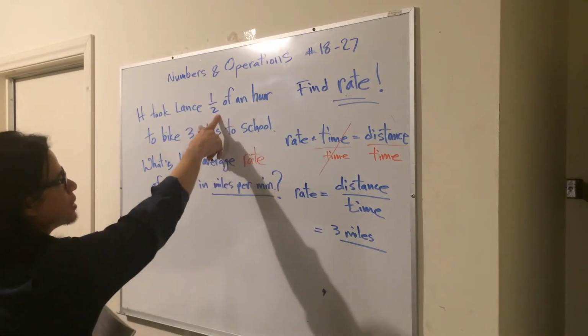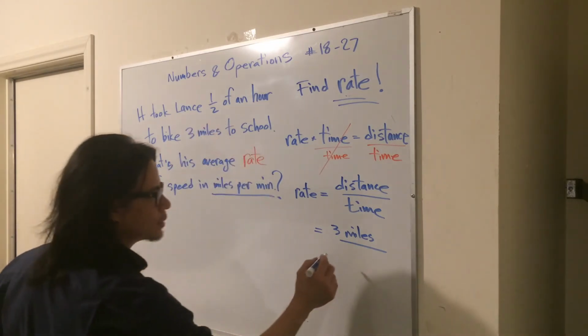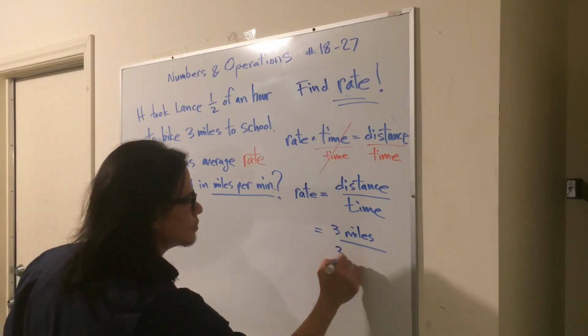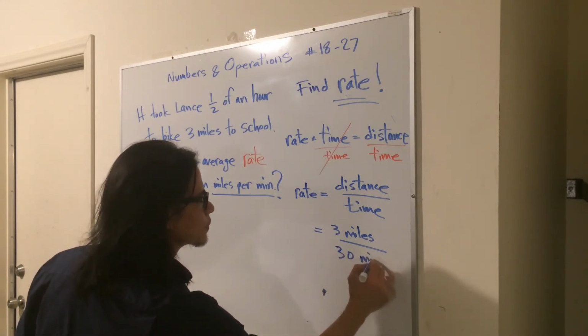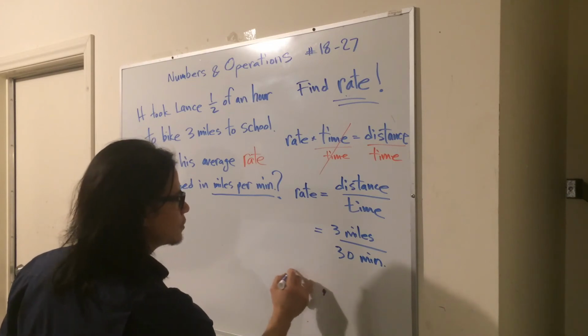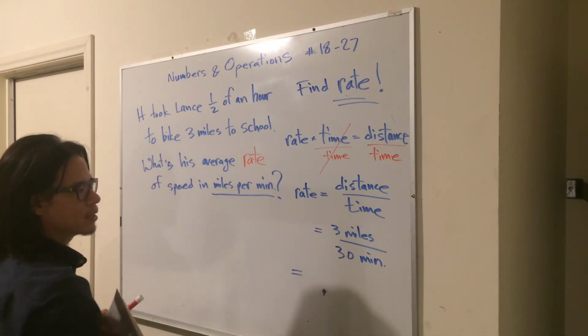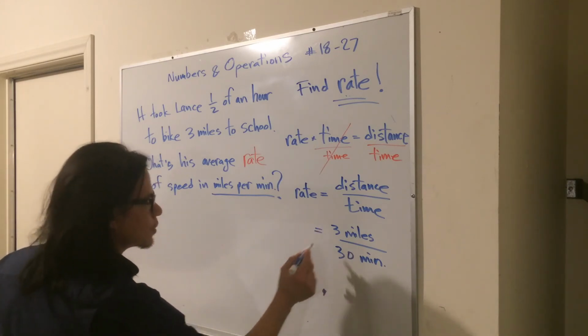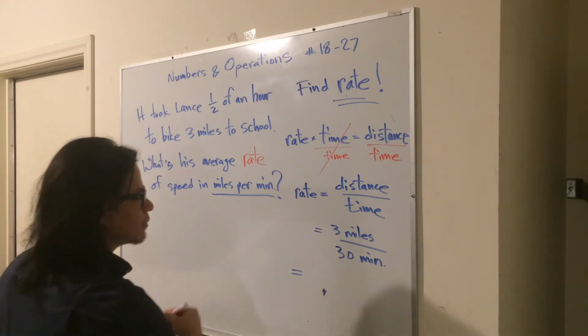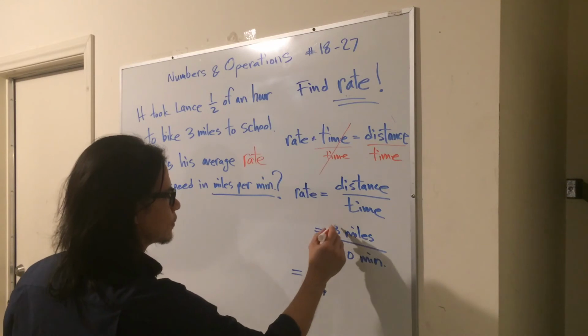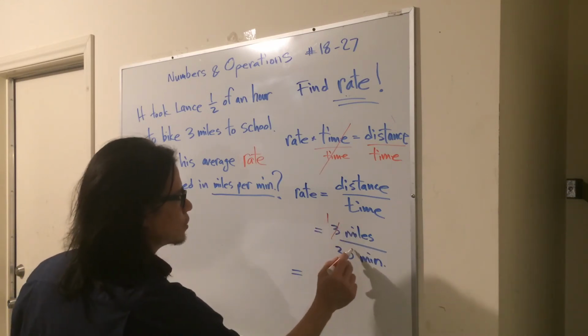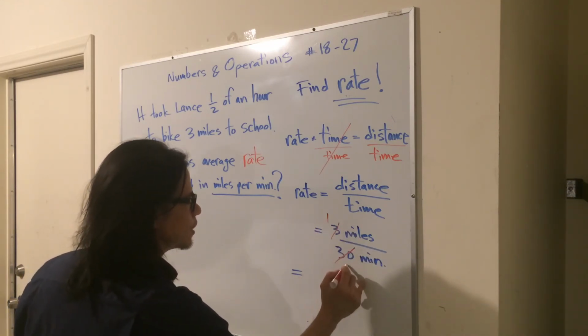So how many minutes is half an hour? 30 minutes, right? Let's reduce this because 3 can go into 30. 3 can go into itself 1 time. 3 can go into 30 10 times.